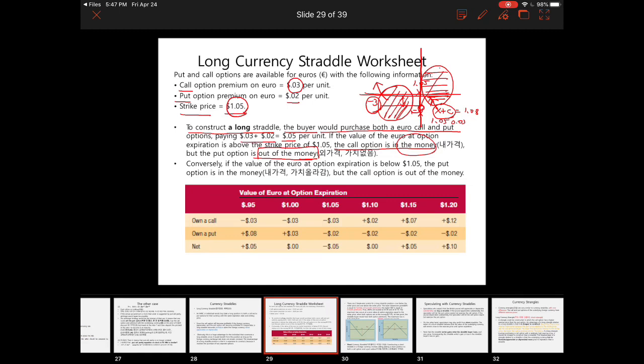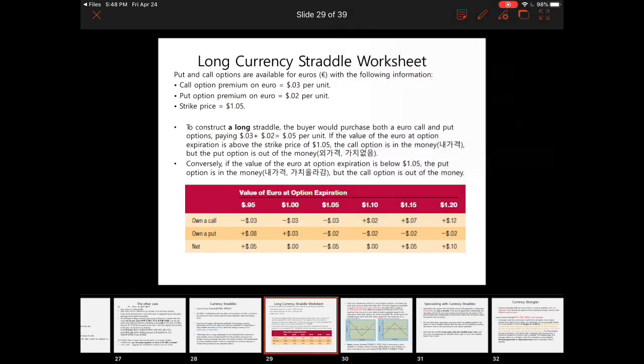In the money, it's worthwhile to exercise the call option. By the way, the kink point, we call this at the money. So at the money, if I just write it this way, ATM, like the cash machine. In the money, I can write ITM. Out of the money, OTM. That's the usual way to write it down.